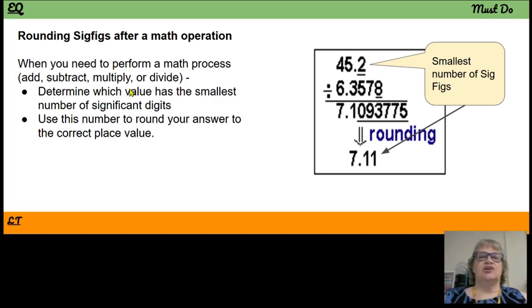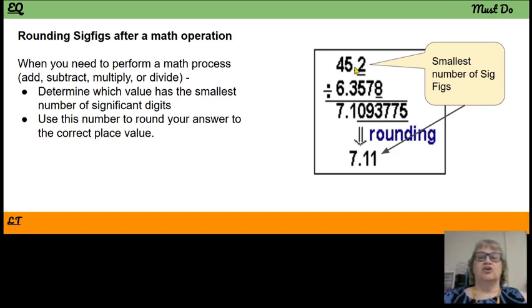So the first thing that you do is determine which value has the smallest number of significant figures. In our example, 45.2 only has 3, and the one underneath it has 1, 2, 3, 4, 5. So we want to go with the smallest.